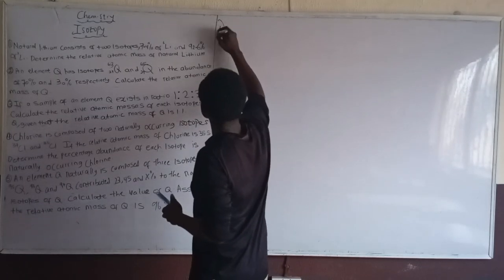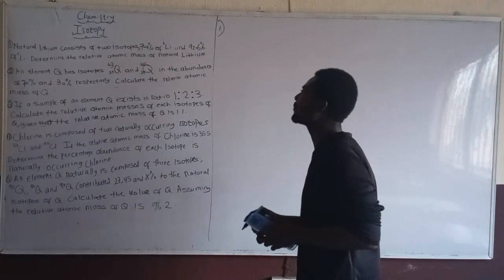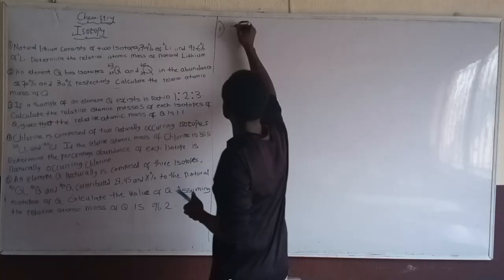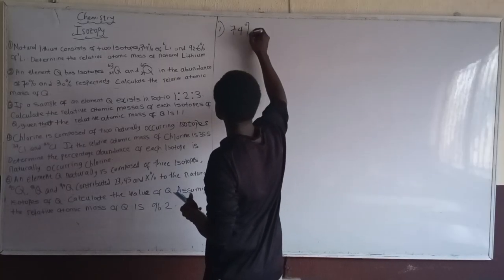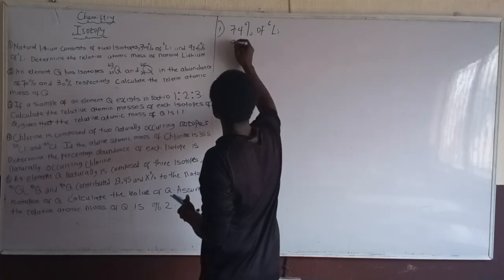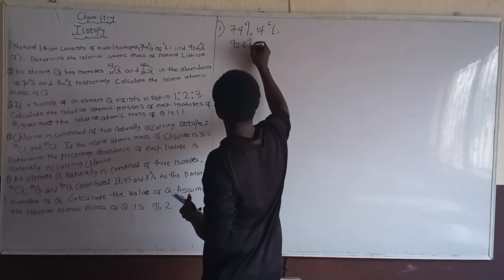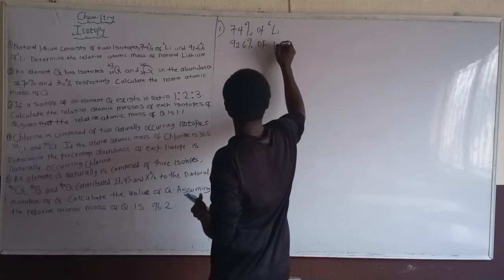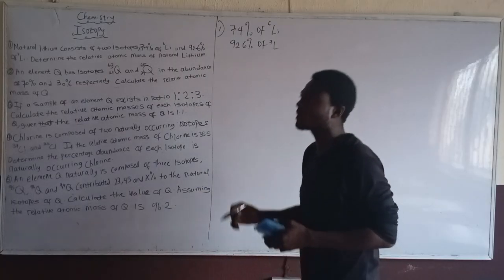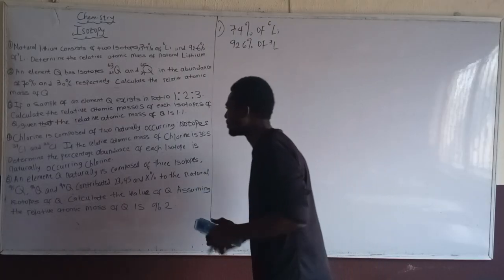Question 1. Natural lithium consists of 2 isotopes: 7.4% of lithium 6 and 92.6% of lithium 7. Determine the relative atomic mass of natural lithium.